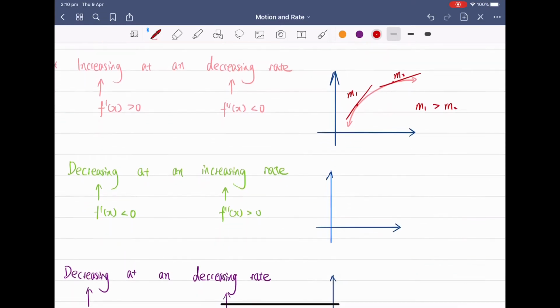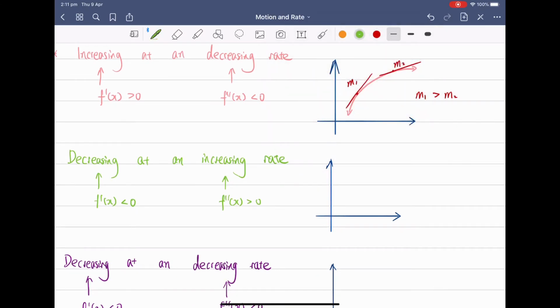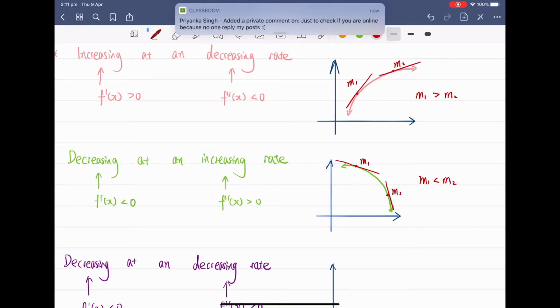All right, next one, decreasing at an increasing rate. Here's the graph. Decreasing at an increasing rate. Pick any two points. You can see gradient M1 and gradient M2, so M1 is less than M2.